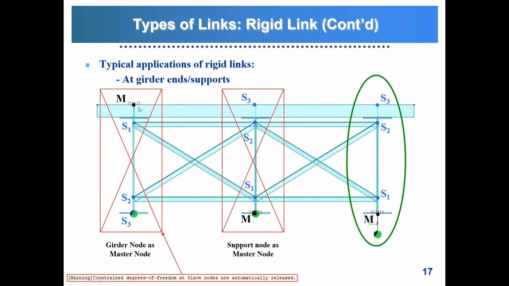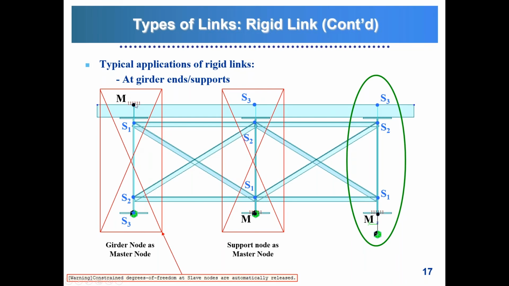I have seen that insertion point get assigned as the master node, and then all of these 3 nodes are slave nodes. Now the problem with this is what I mentioned before, that the slave nodes are going to pick up the properties of the master node.